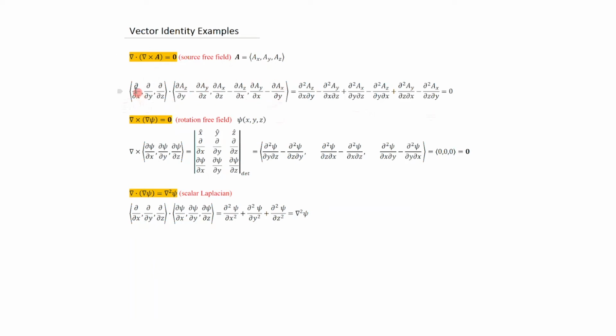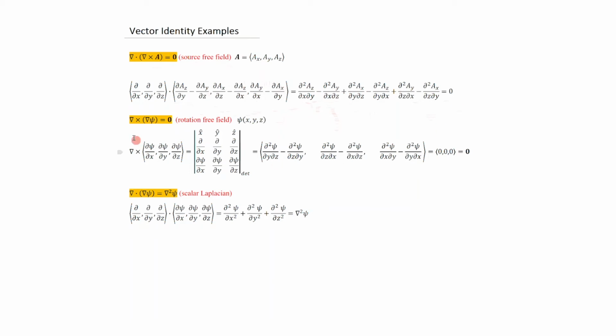So you apply this to both terms here, this to both terms here, and this to both terms here, and expand out. You end up with this, and you'll see that you get terms canceling each other out. So for example, this term, ∂x∂z and ∂x∂z, they cancel. So pairs cancel and you get 0.